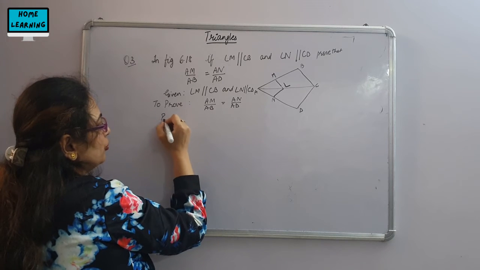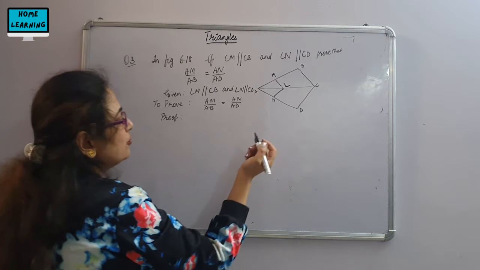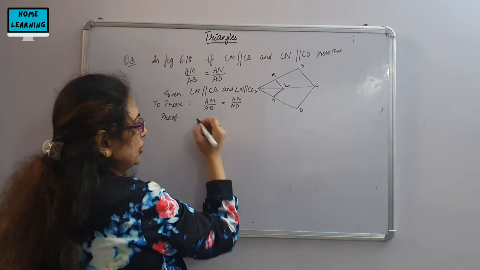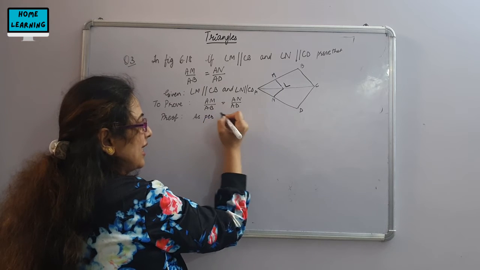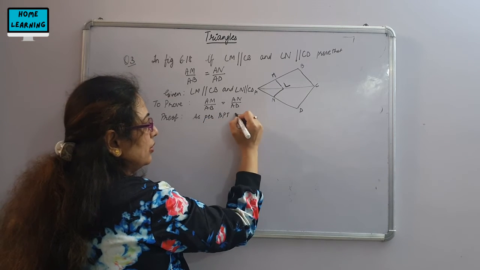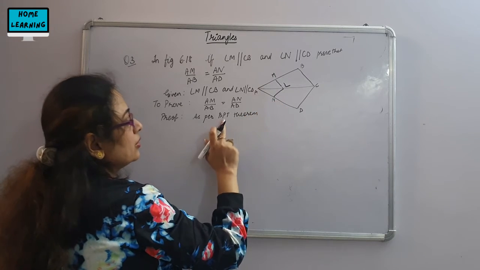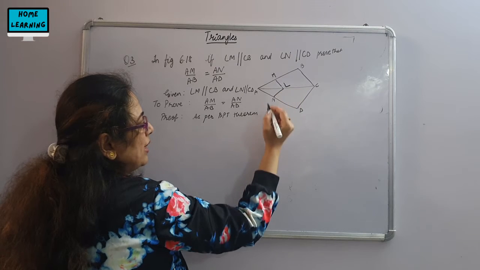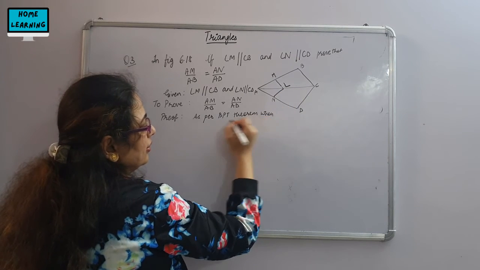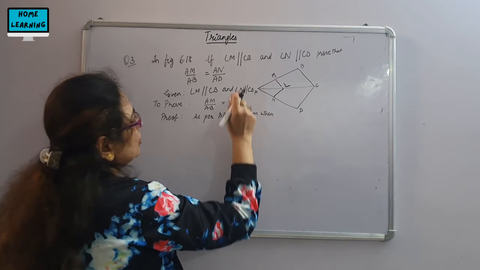Now comes the proof. First of all, you will apply the BPT theorem. You have to tell the teacher that yes, as per the BPT theorem. How do you come to this? As per the BPT theorem, when LM is parallel to BC, this is given to us.